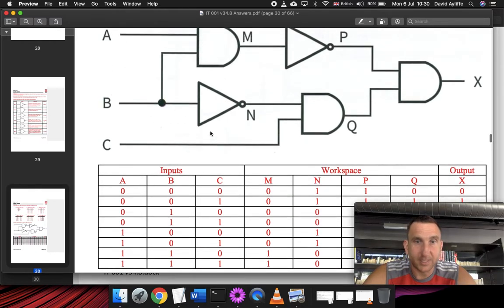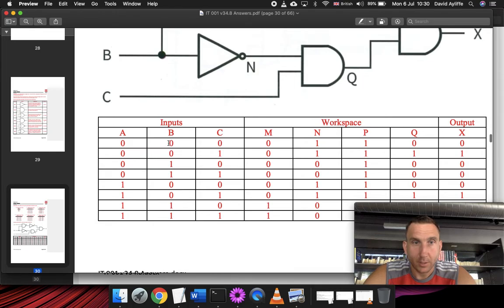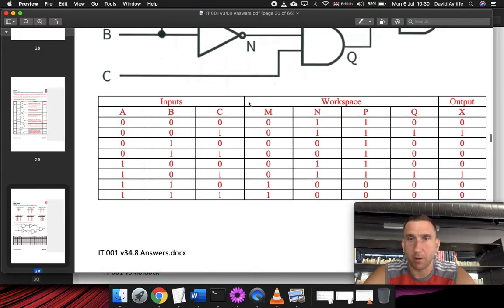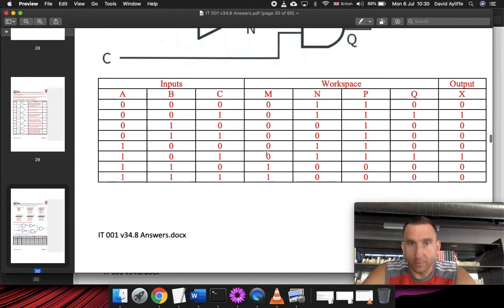N is NOT B. So 0 0 1 1 1 1 0 0. So I'm happy that N is correct. P is NOT M. So all of these zeros change to ones, these ones change to zeros. Okay, so I'm happy that that's correct.